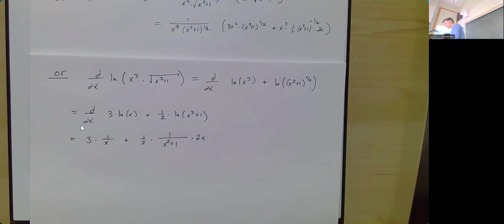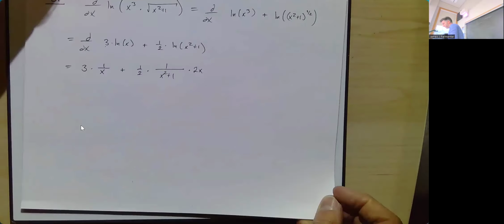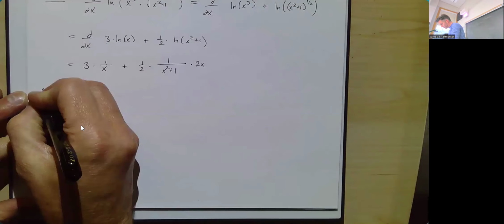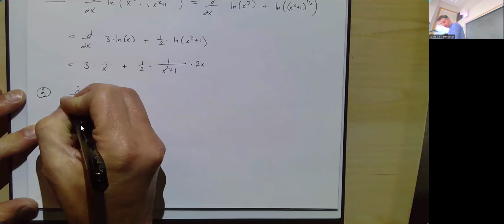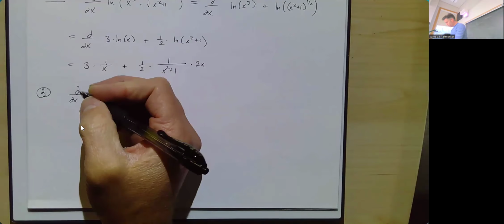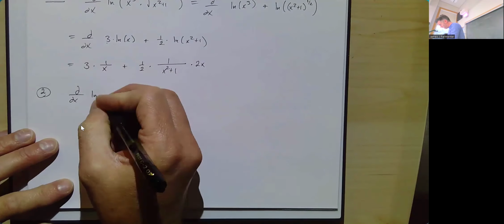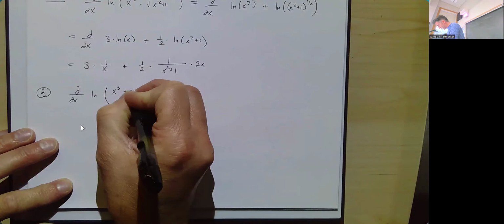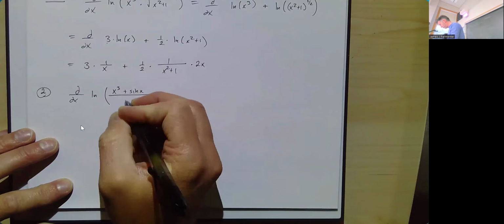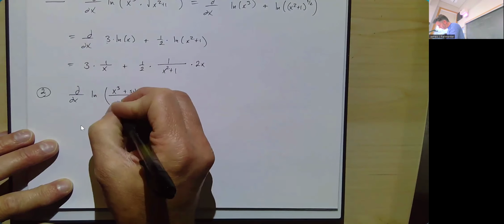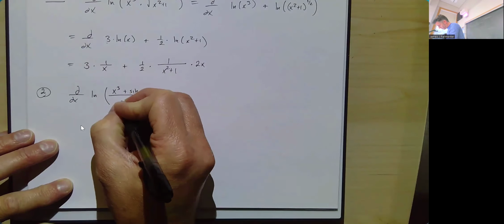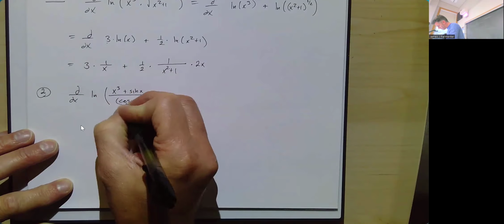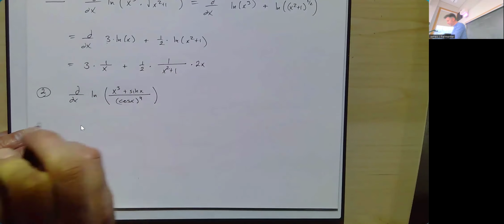In fact, to that end, why don't you all try finding the derivative of the following? I want you to find the derivative of the natural log of x cubed plus sine of x divided by cosine of x to the 4th power.